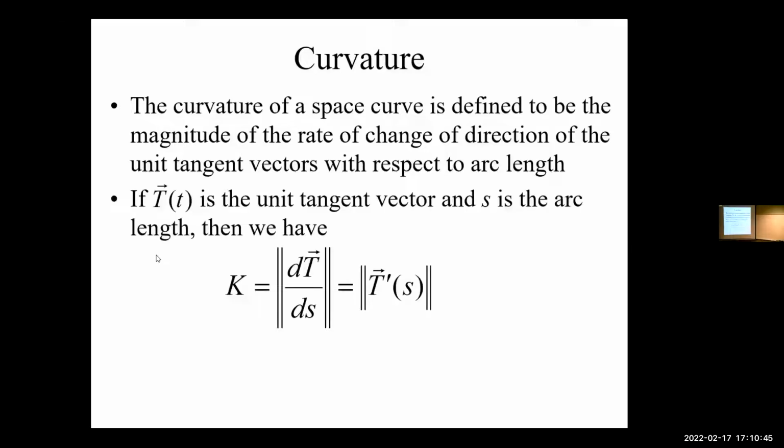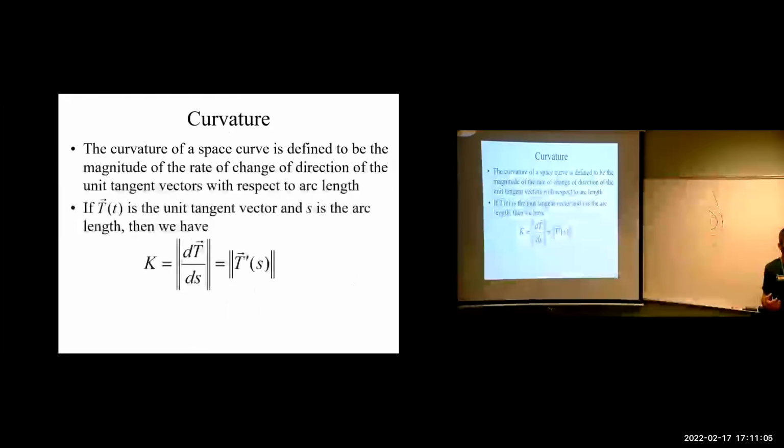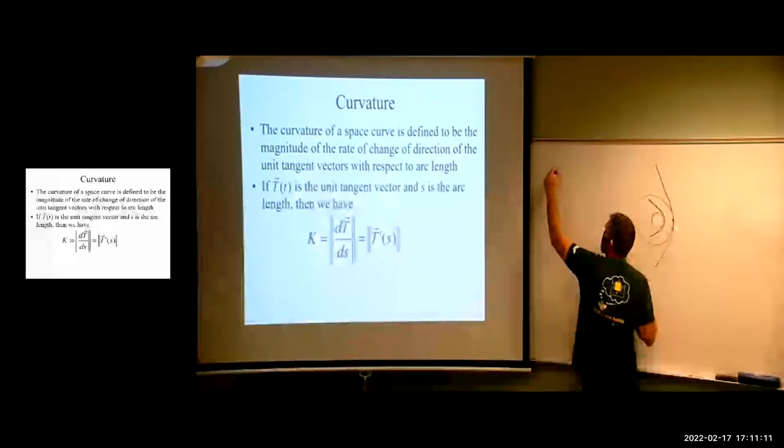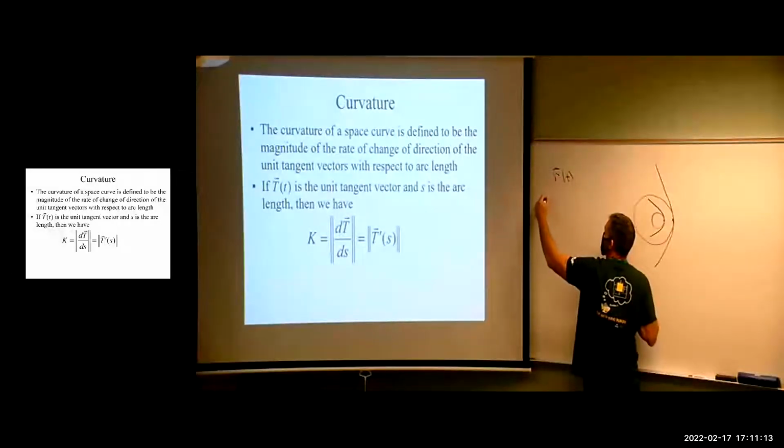So basically, this is how we find K. And as a reminder from last time, the tangent vector is the derivative of our position vector. So the unit tangent vector is just the unit vector of the derivative of our position vector. We were calling r of t our position vector.